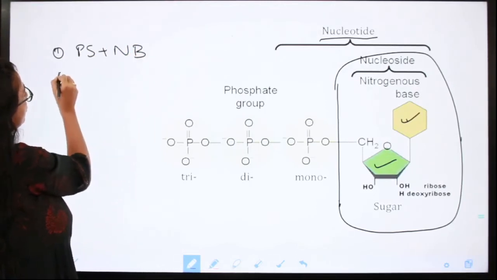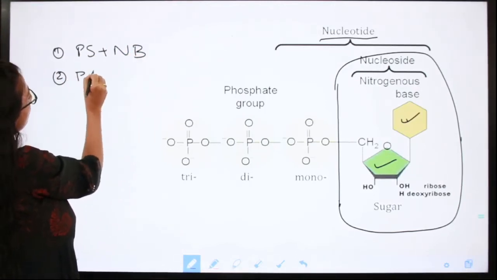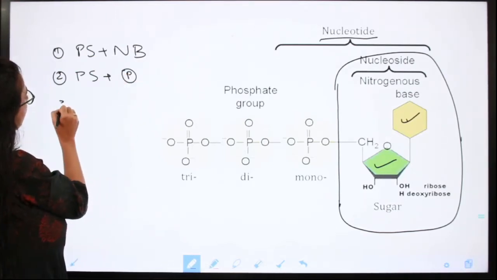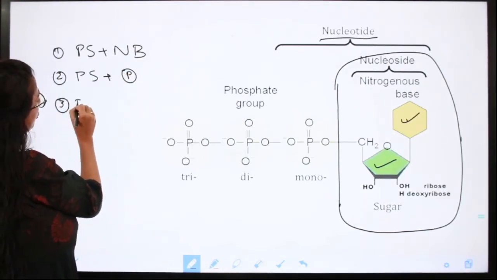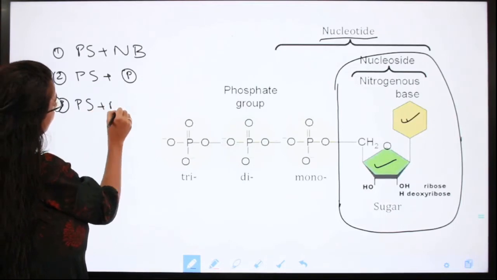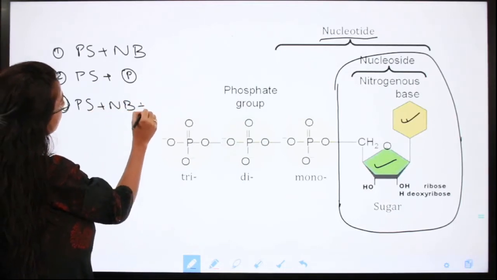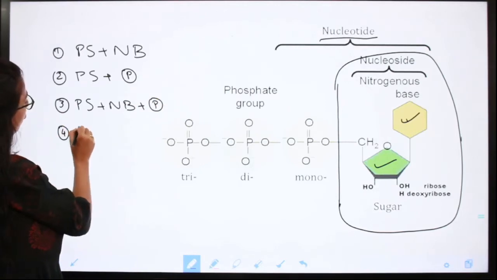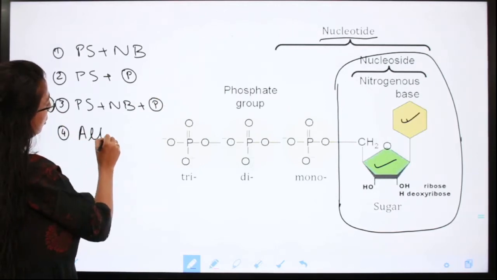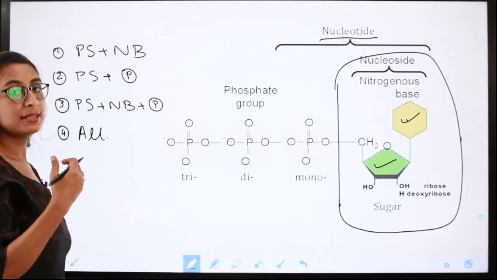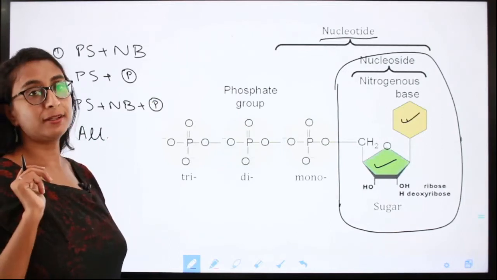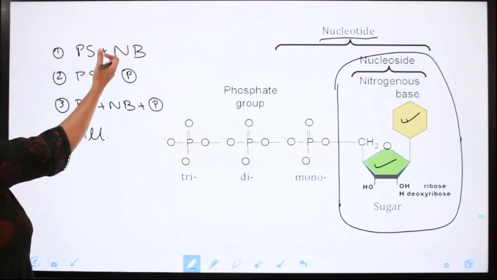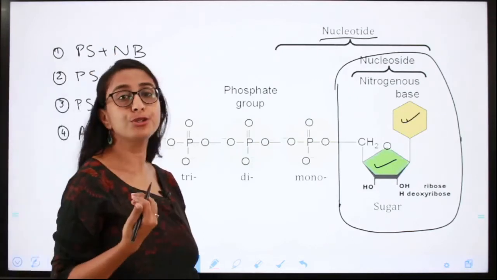Okay, next option can be pentose sugar plus phosphate group, and the third option can be pentose sugar plus nitrogenous base plus phosphate group, and the fourth option can be all of the above. Okay, say the question is, what is a nucleoside or what are the components of a nucleoside? So in this case, if these are the four options, which one would you choose?